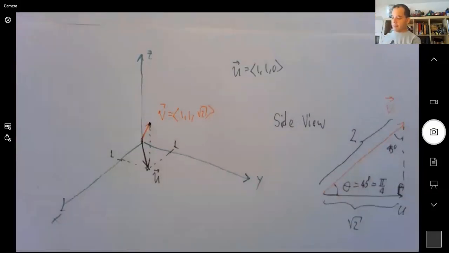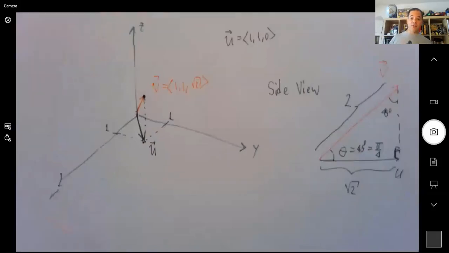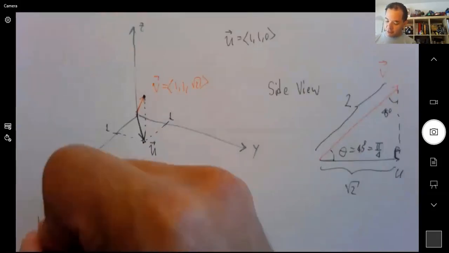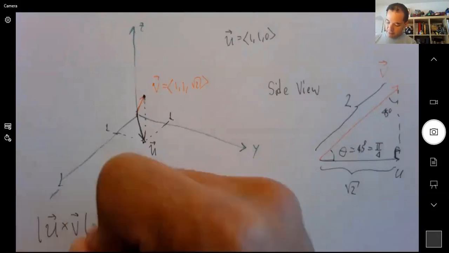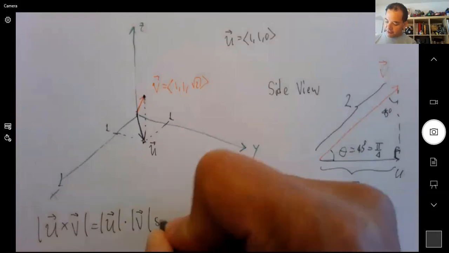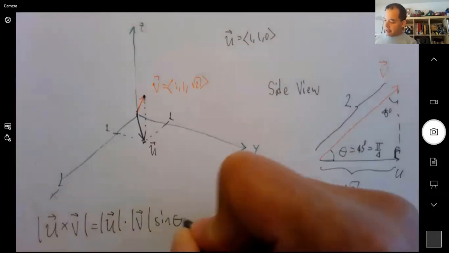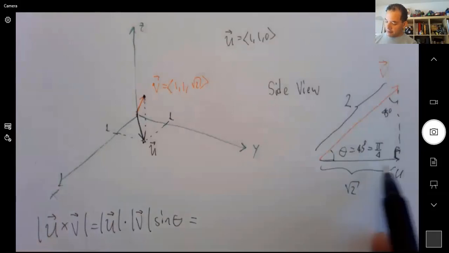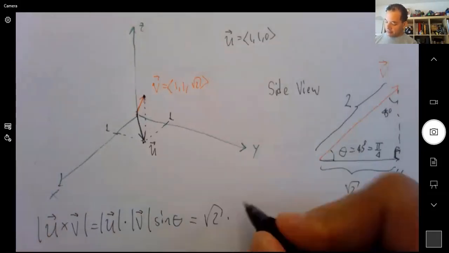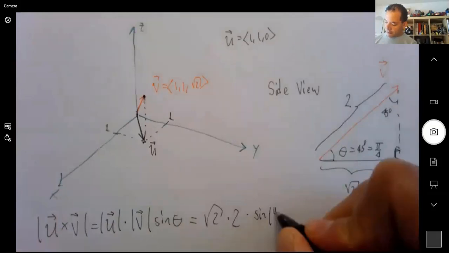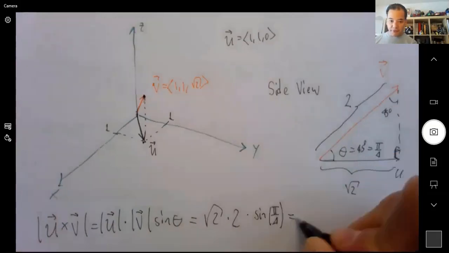That helps a lot because now we can calculate the magnitude of u cross v. Let's write it here. The magnitude of u cross v will be the magnitude of u times the magnitude of v times sine of theta. We calculated everything already. The magnitude of u is square root of 2. The magnitude of v is 2. And sine of pi over 4 is radical 2 over 2.